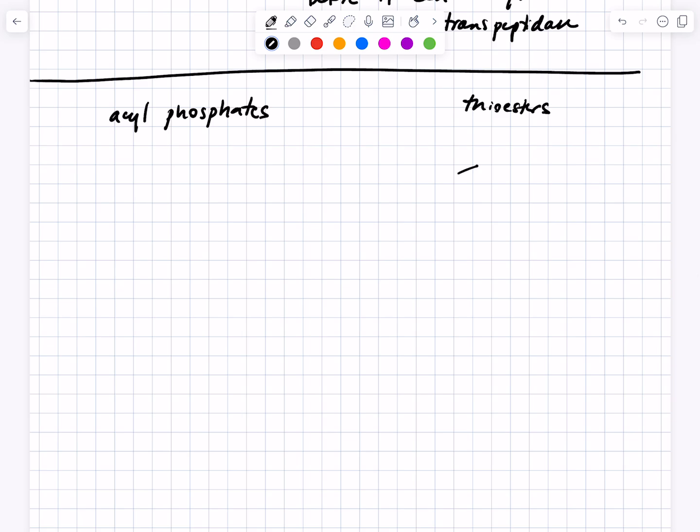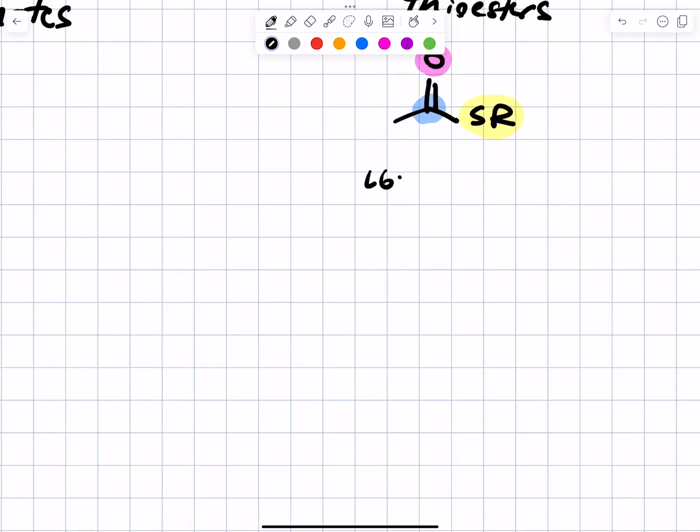A thioester has a carbonyl carbon that's attached to a carbonyl oxygen, and then the yellow group is a thiol group. We'll just put R here, a sulfur bonded to some other alkyl group. The leaving group for a thioester is SR minus. And this is a decent leaving group.